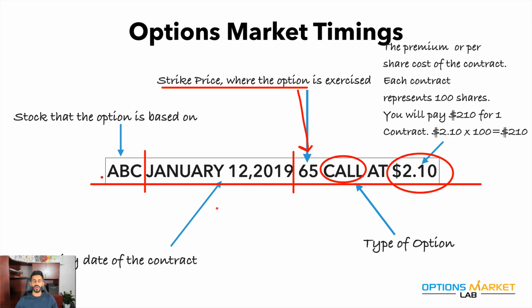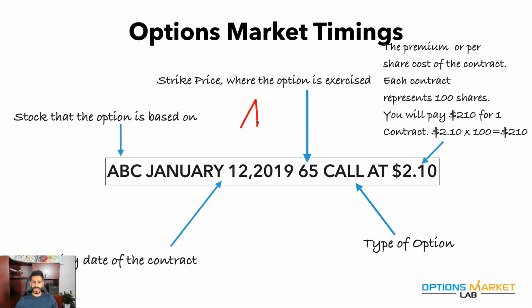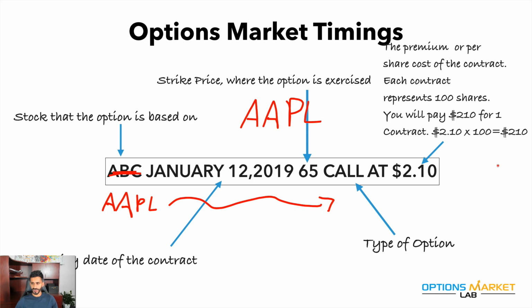This is how a full options breakdown will look. It's kind of like a ticker symbol for options. If you have a ticker symbol for stock Apple, it'll be AAPL. But if you have a ticker symbol for Apple's option, it'll say AAPL, and then it'll have a lot of words after it, which will represent the full option.